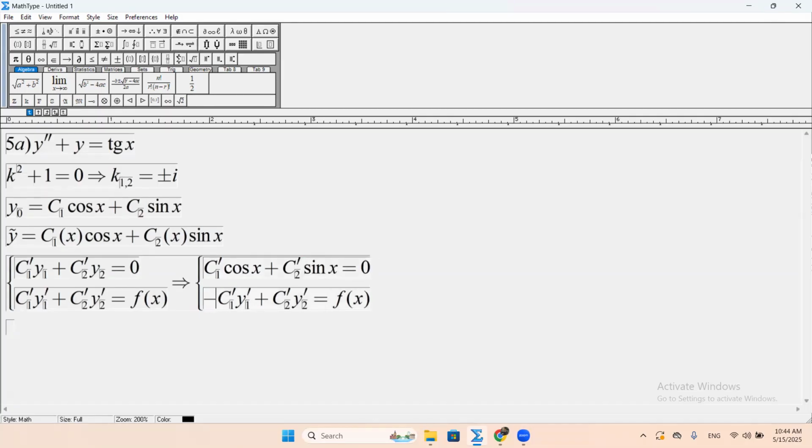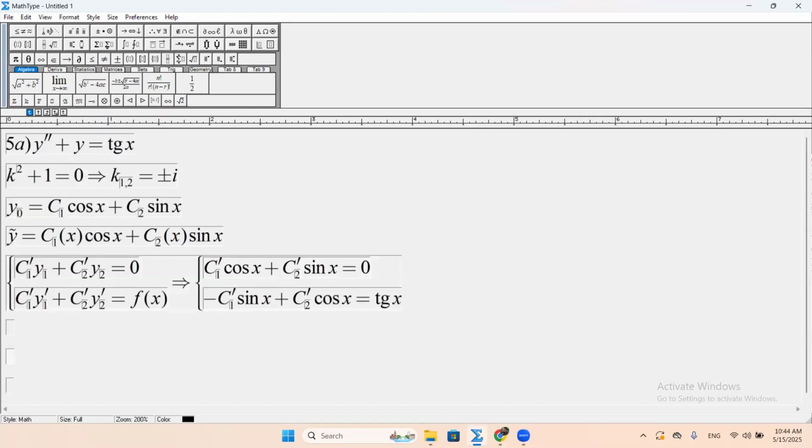Then here will be minus sine of x, and here will be cosine of x. And instead of f of x, I set up tangents of x. So I need to solve this system with respect to C1 prime and C2 prime.